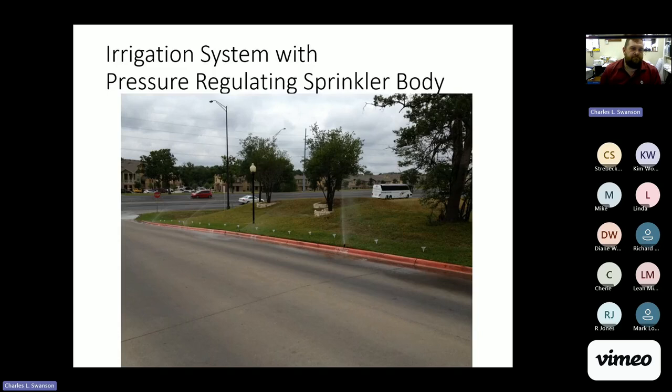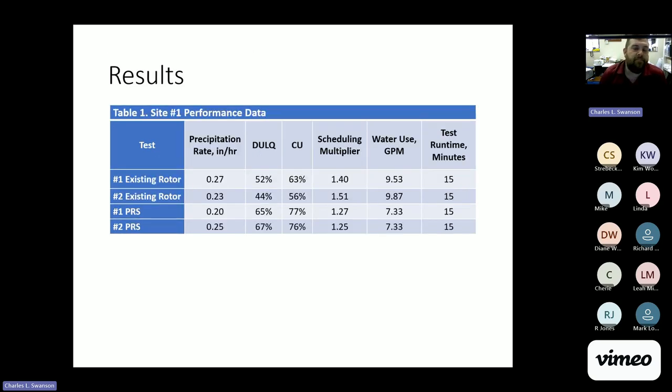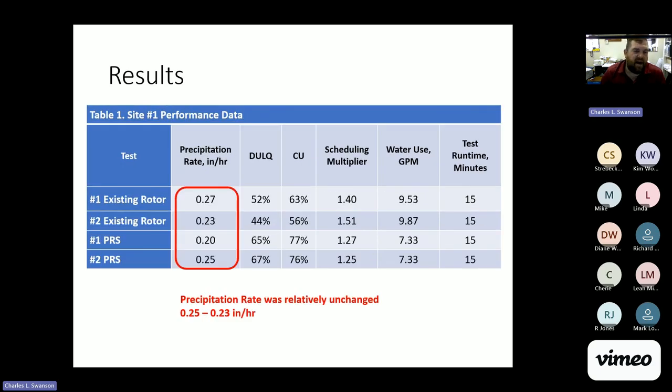But what does the data show? Beforehand, we were seeing pressures in excess of 55, 65 PSI at the site. And so the data shows us, how much water was being applied? Surprisingly, the rate at which water was being applied remained relatively constant, somewhere between 0.23 to 0.25 inches per hour, which is what that manufacturer actually rates that device for.